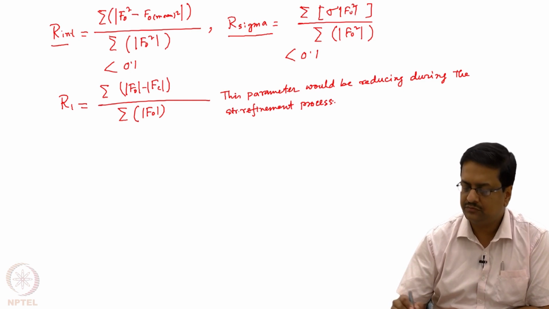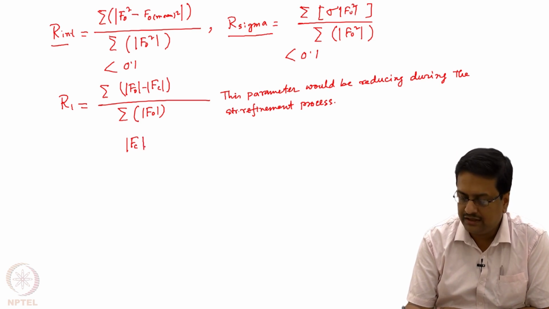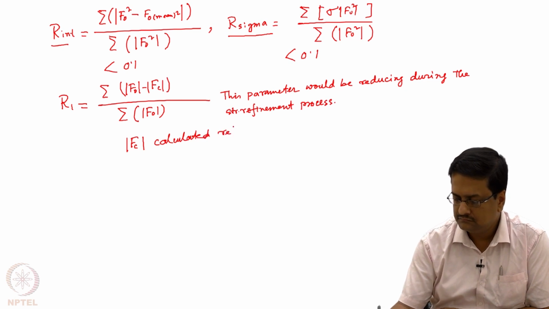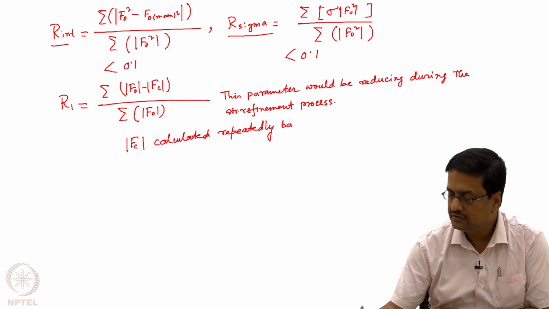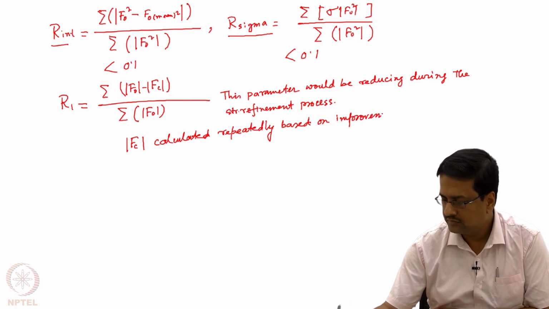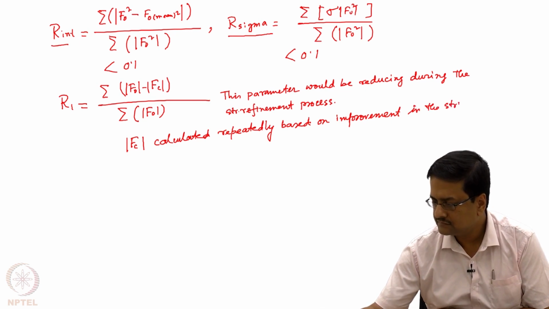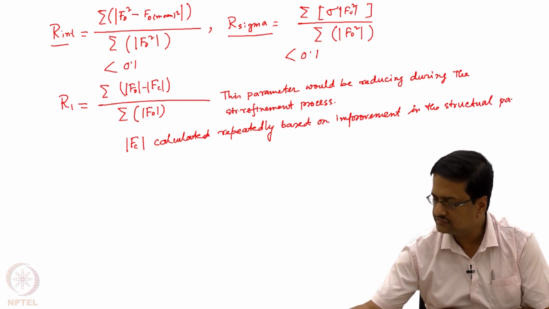What happens in a refinement process is that the Fcs are calculated repeatedly based on improvement in the structure or structural parameters.